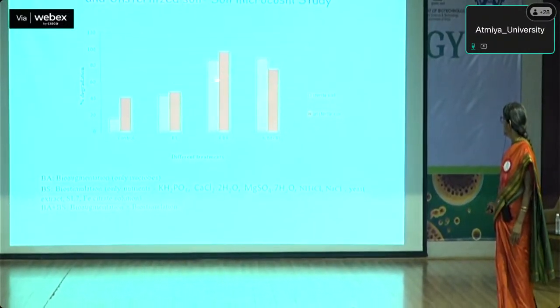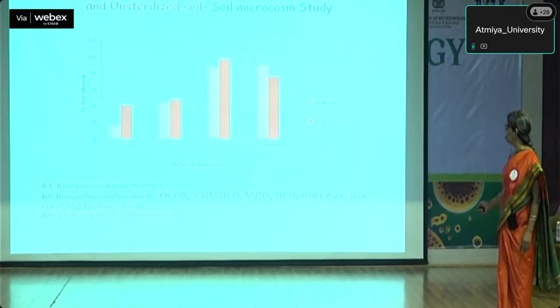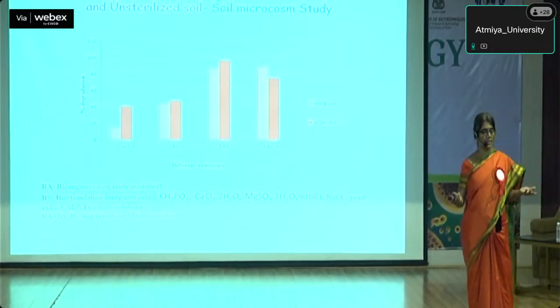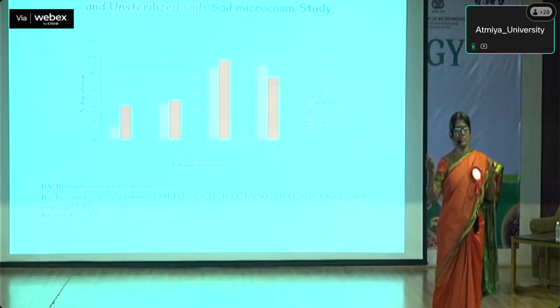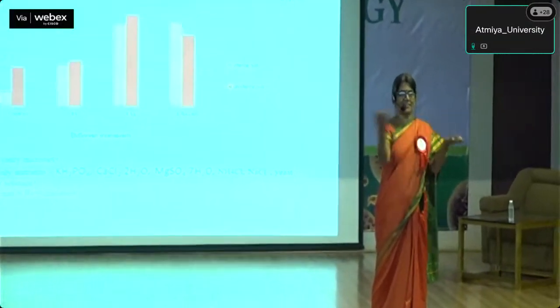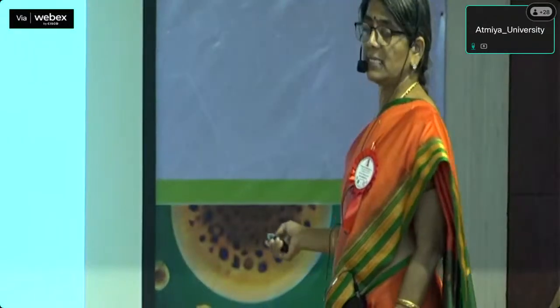And another important thing was, you can see when you do it in sterile soil, when we have to use it in field, actually, we cannot sterilize all the contaminated soil and then do the experiment. It is just not practical at all. So you will have to use only unsterile soil.